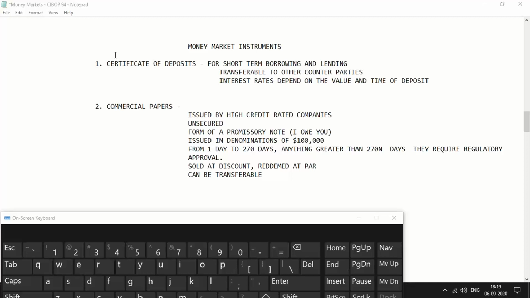For example, Reliance Industries has triple A rating from CRISIL, and in short term, it has an A1 plus rating. All this information you can easily get, and there are a lot of companies out there.